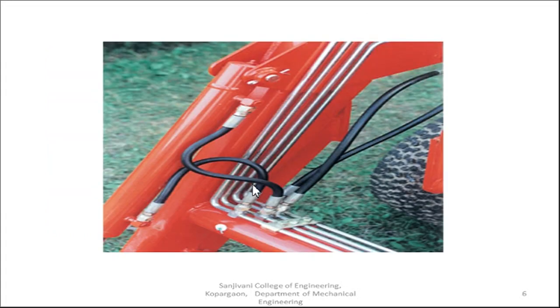This is another example. You can easily see that on the fixed part of a machine the steel tubes are used, and on the movable part of a machine a flexible hose is used. So you must be able to identify which type of fitting we have to use where.